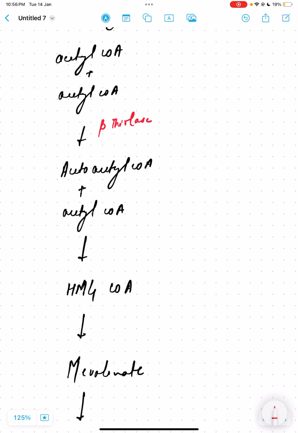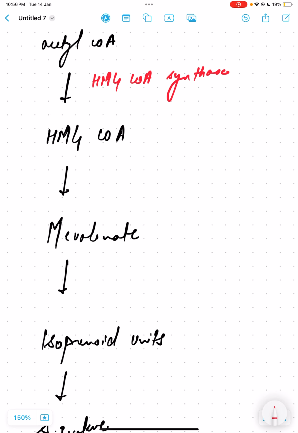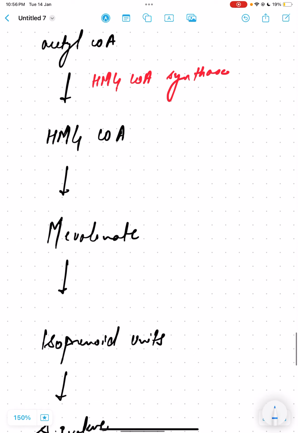Then acetoacetyl coenzyme A with acetyl coenzyme A forms HMG coenzyme A with the help of HMG coenzyme A synthase. That was the rate limiting step for the ketone bodies. But here HMG coenzyme A will form mevalonate with the help of enzyme HMG coenzyme A reductase.